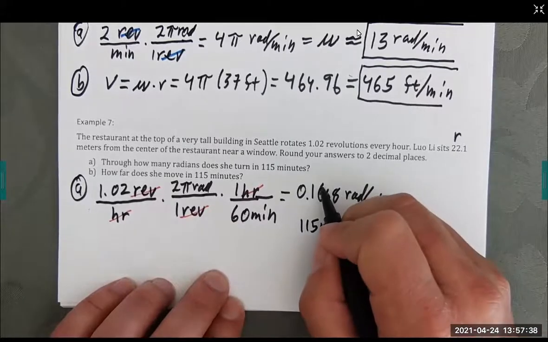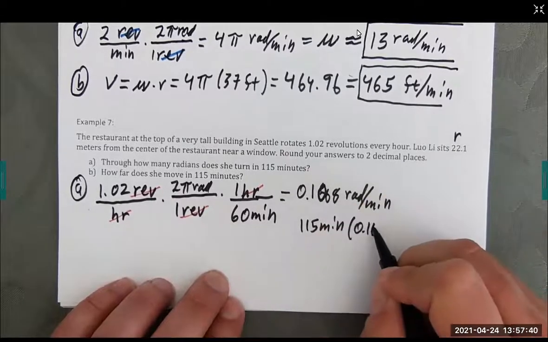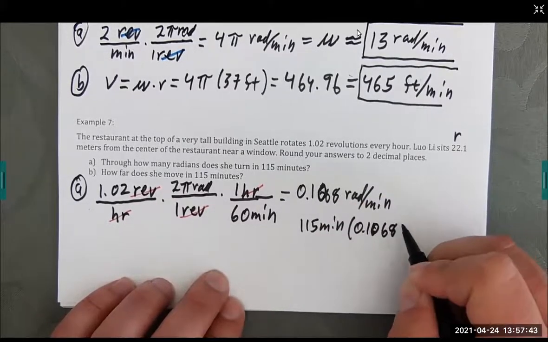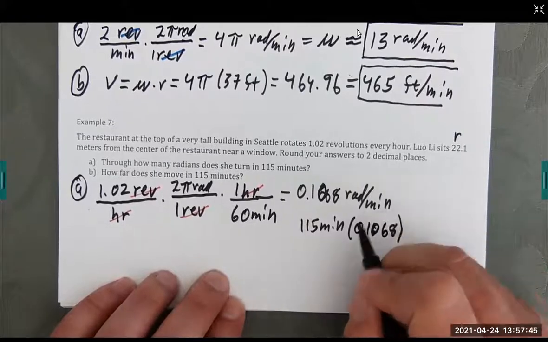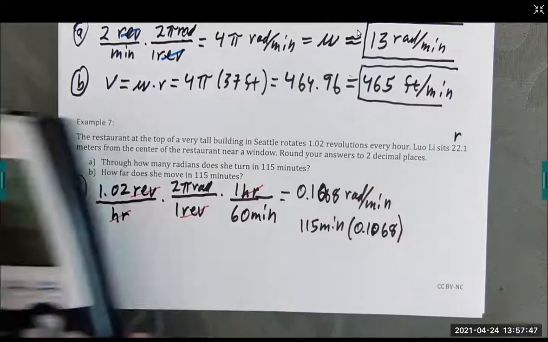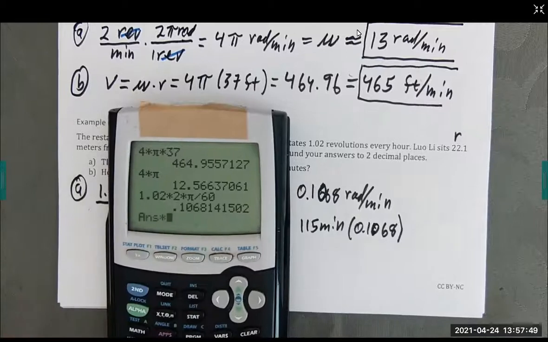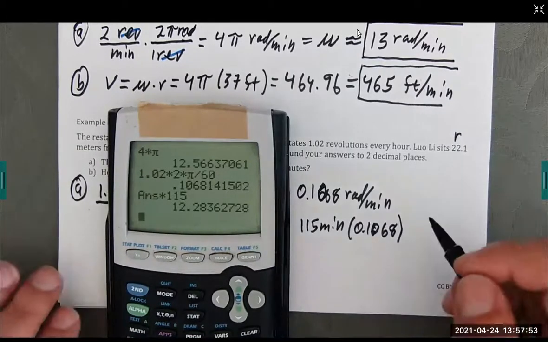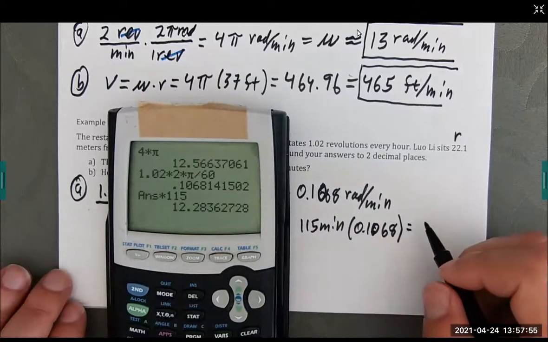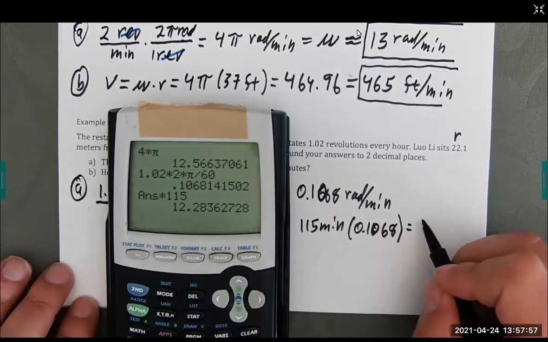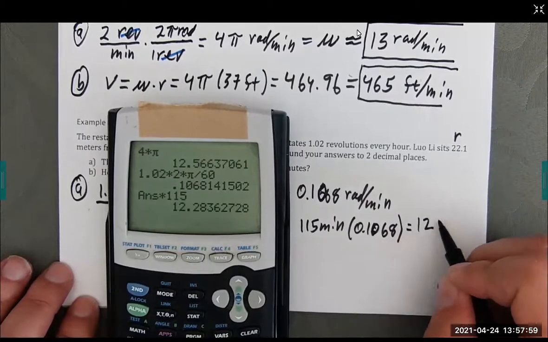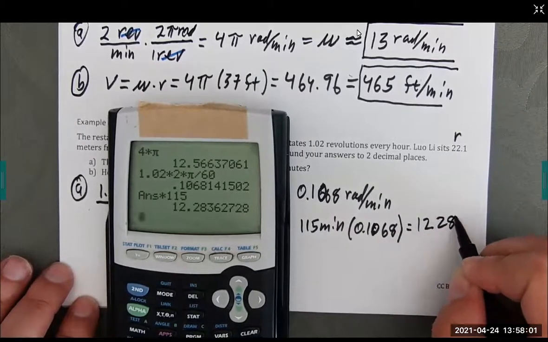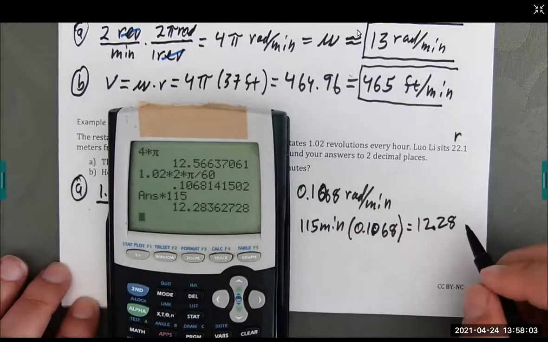And you'll notice the minutes cancel. Here we have it. This is going to be 12.28. It says 2 decimal places, radians.